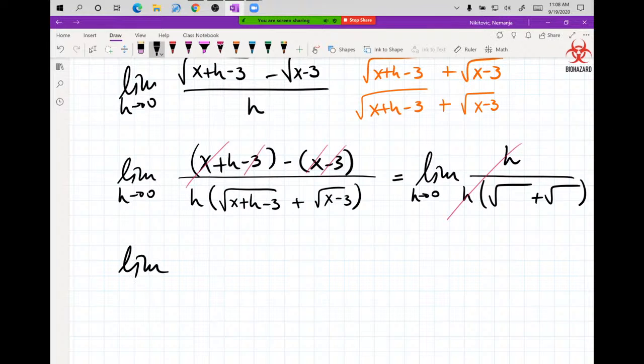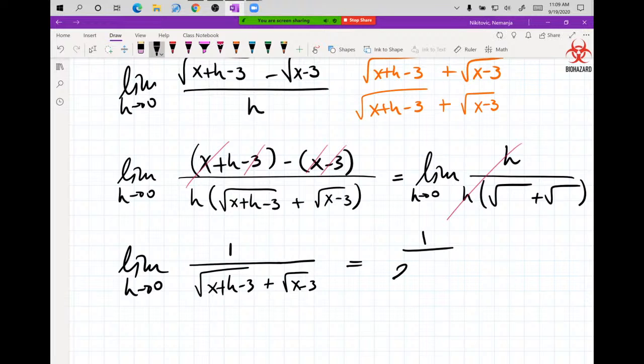And you are left with the limit as h goes to 0 of 1 over square root of x plus h minus 3 plus square root of x minus 3. And that is 1 over 2 square root of x minus 3, because that h goes to 0, and you just have two square roots that are the same, which you can add together. So apple plus apple is 2 apples.